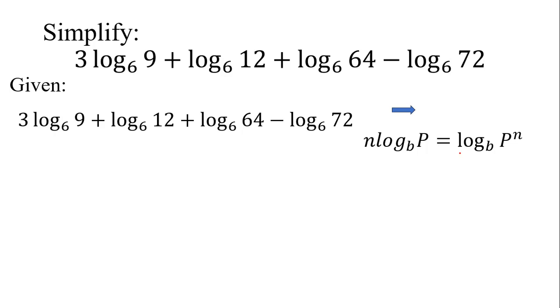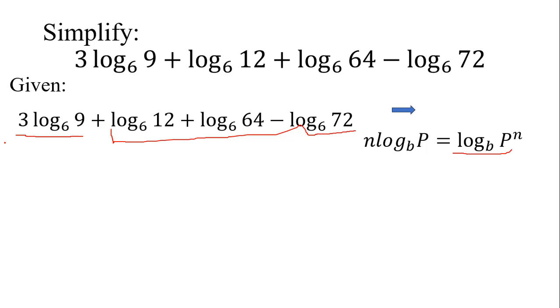Where am I applying this rule? I'm using it to simplify 3 times log 9 to base 6 further. I want it to look the same way as the others.